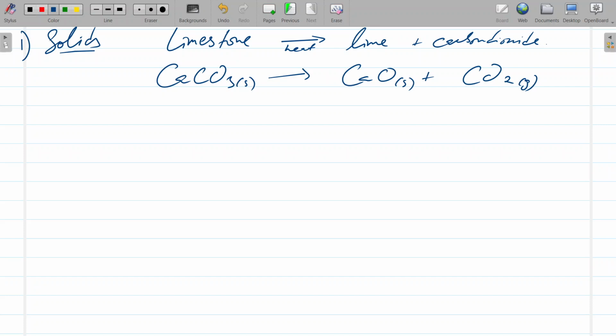All right, so how would you check? We have two on the reactant side, but two of what on the reactant side? This is the reactant side. The left hand is always the reactant side.